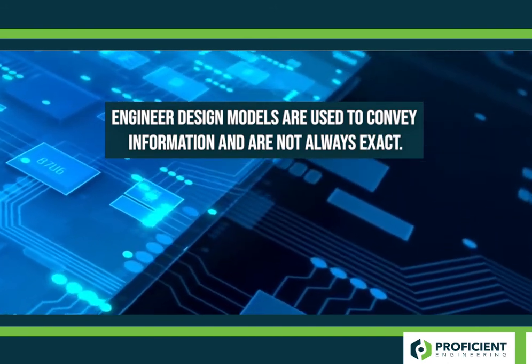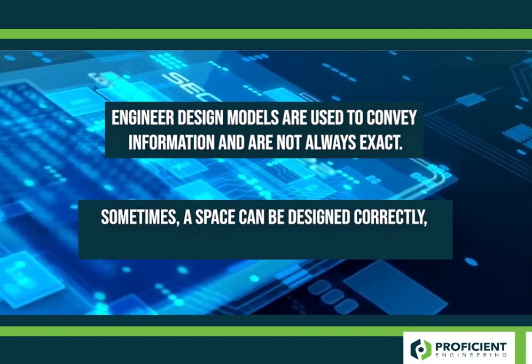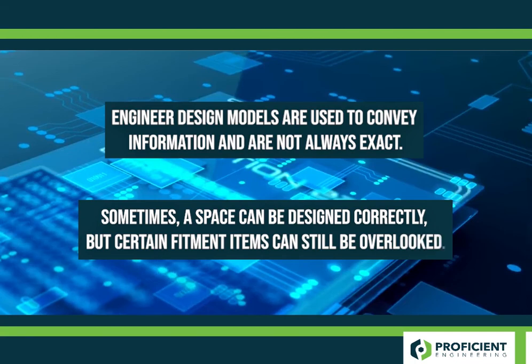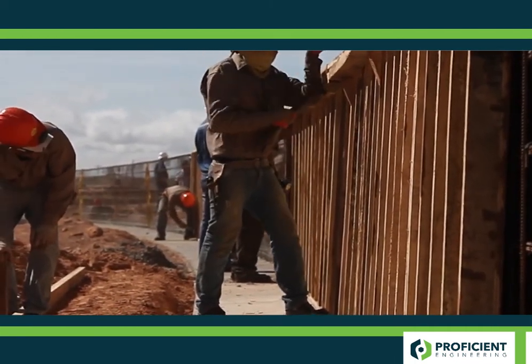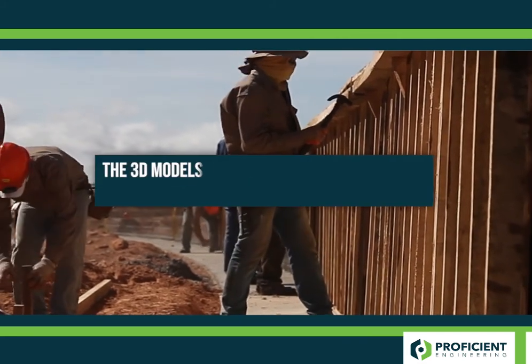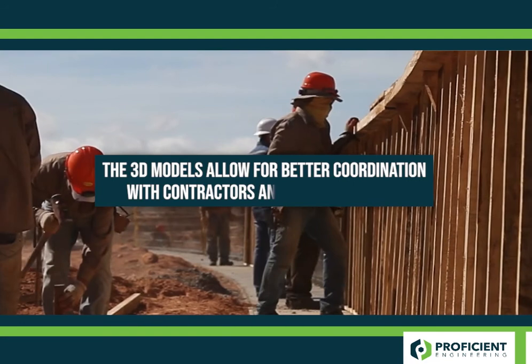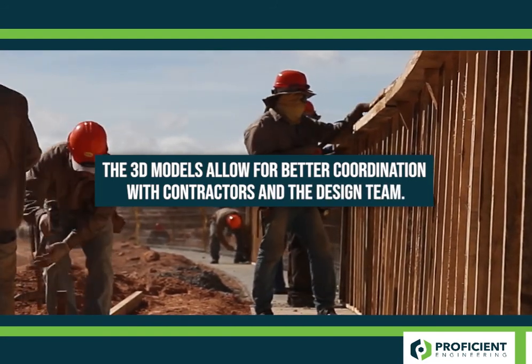A lot of times the designer will engineer the space correctly, but overlook certain fitment items, especially with sloping pipe, fire protection heads. So this gives us an opportunity to look at that and see how we can time the contractors and the subcontractors to get in and install it and coordinate that.